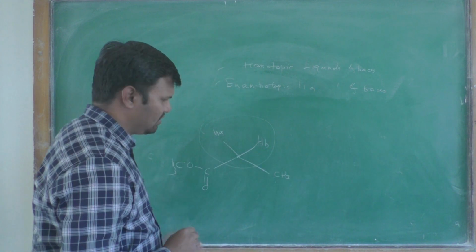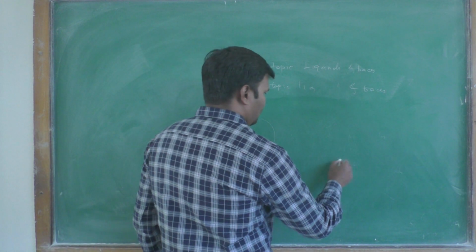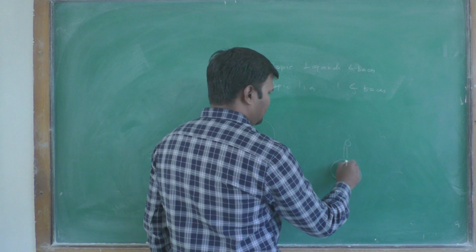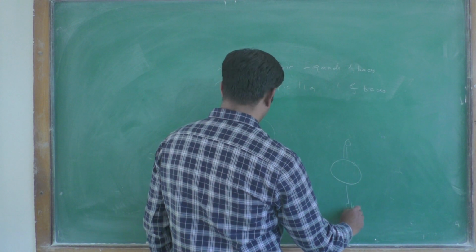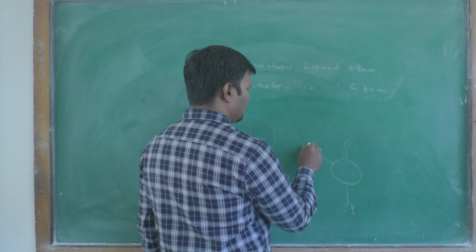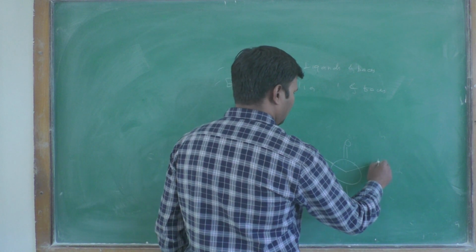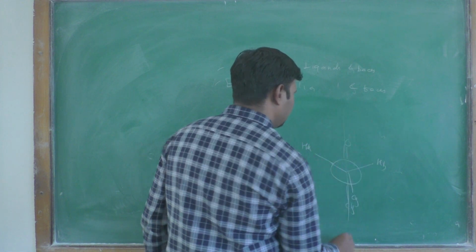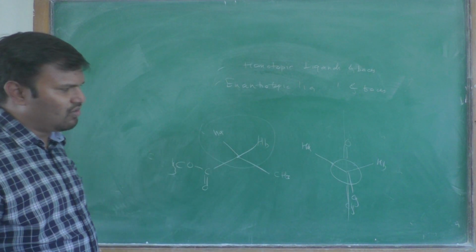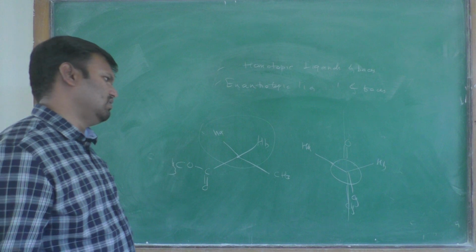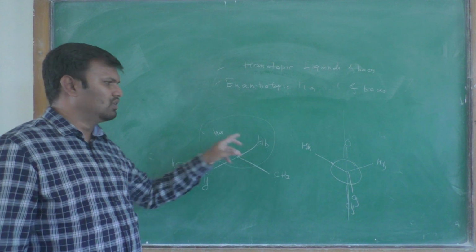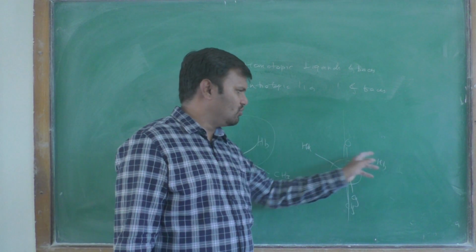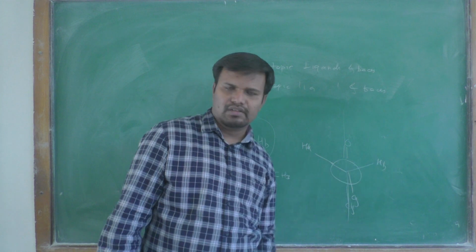The plane of symmetry divides the molecule into two equal parts, and when the plane is passed, these two groups are exchangeable.